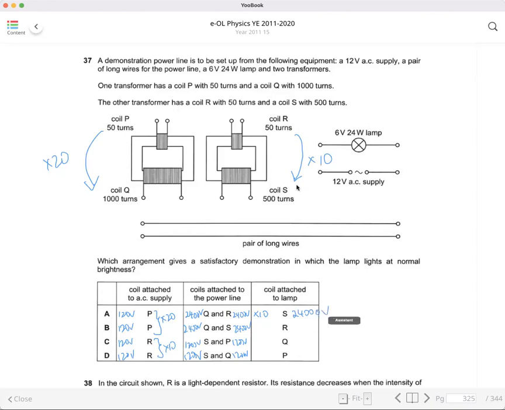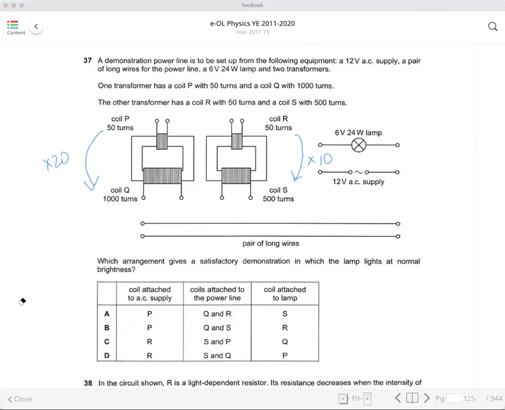Then S to R, I divide by 10. Okay, sorry, I used too big a number. It should be 12 volt. Let me redo the whole thing again. Sorry.